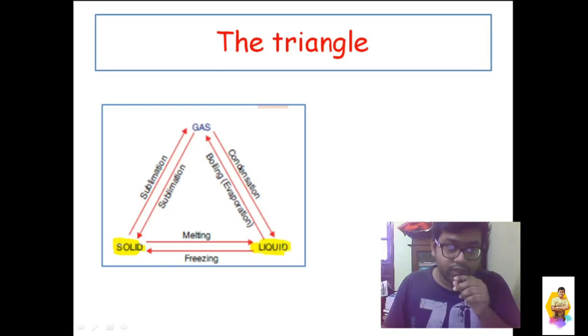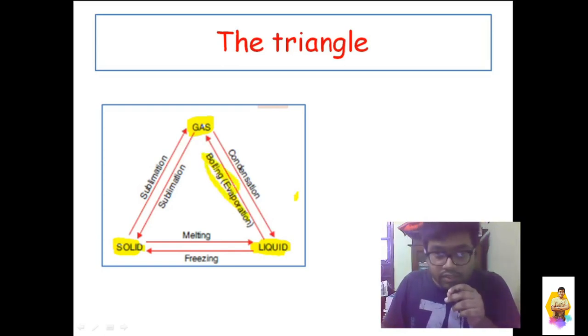Similarly, if we freeze the liquid, that means we decrease the temperature, the liquid will be converted into solid. Similarly, if we are having some liquid and we apply some heat, that means boiling, that liquid will be converted into gas.